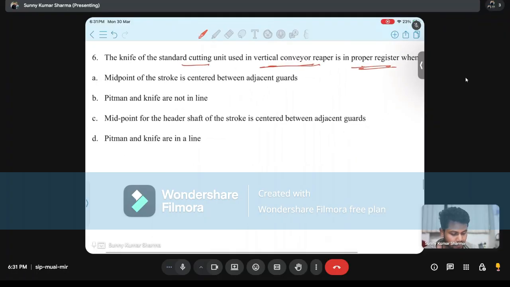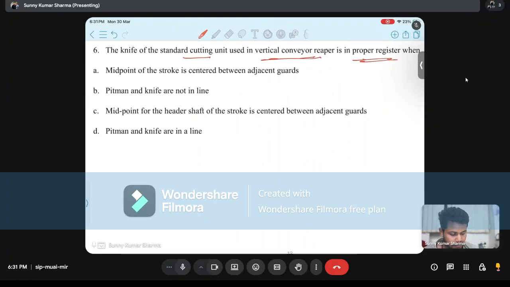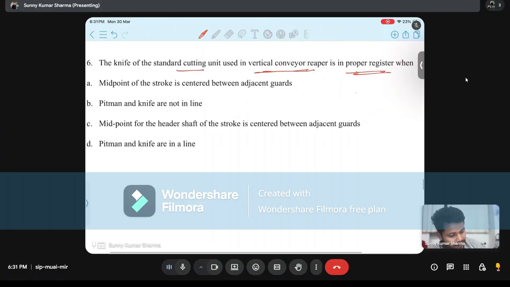The alignment will be like the center of both being equal, like they should fall on each other, the knife and the supporting guard. After every action, if the knife is cutting at the centered point of the guard, then it is called properly registered. So the midpoint of the stroke is centered between adjacent guards.